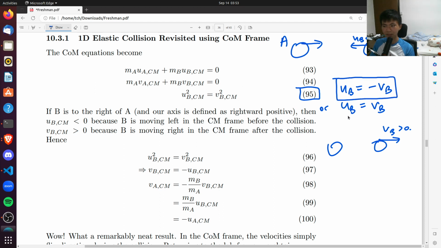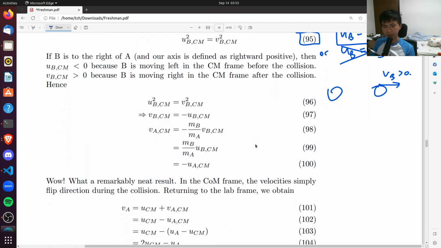The second solution can be rejected, because the signs of the velocities must flip. And so we arrive at the following result: equation 97 tells me that in a 1D elastic collision analyzed using the center of momentum frame, the velocities just flip.